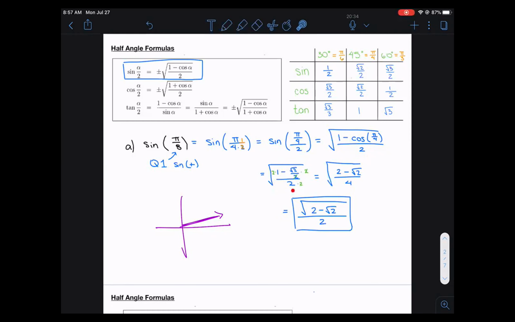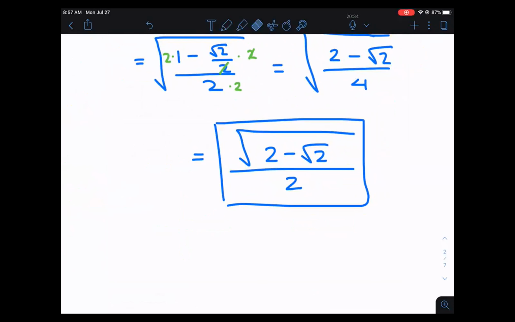You can multiply everything by 2 to get rid of this denominator. So 2 times 1 is 2, the 2's cancel out in the second part, so you have minus the square root of 2, all over 2 times 2, which is 4. So this is what you get. You can simplify this a little bit more, but if you don't want to, you do not have to. Wait, what did I do? I did not simplify.